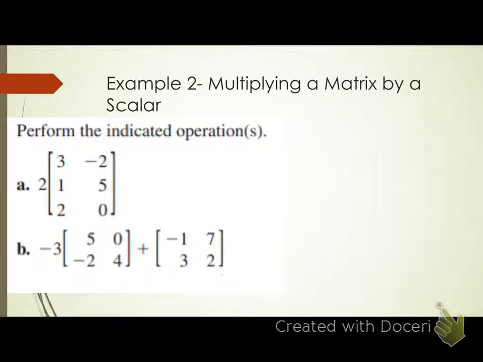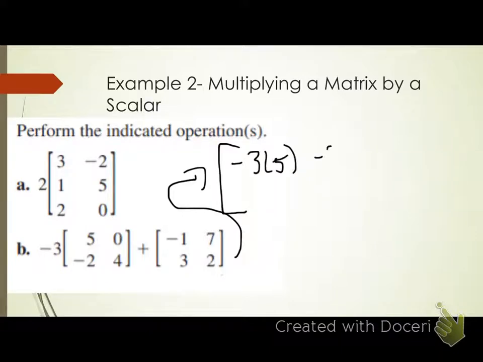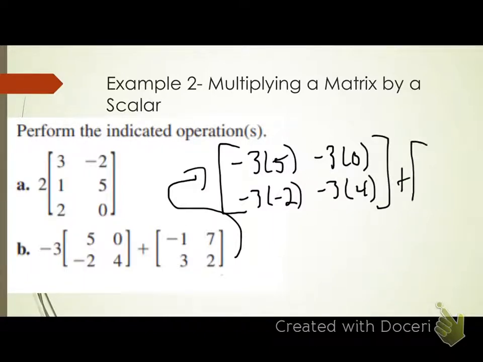So moving up here, I get negative 3 times 5, negative 3 times 0, negative 3 times negative 2, negative 3 times 4, plus this matrix that I still have to account for.